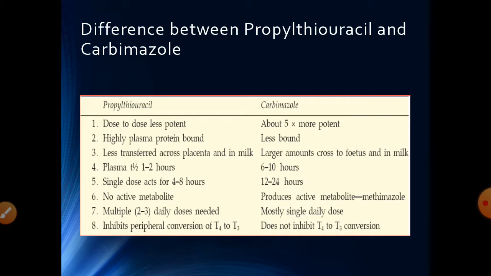Like plasma half-life for propylthiouracil is 1 to 2 hours, while for carbimazole it is 6 to 10 hours. Then propylthiouracil has no active metabolite, while carbimazole is a prodrug. It is converted into the active metabolite, that is methimazole. And propylthiouracil inhibits the peripheral conversion of T4 to T3, while carbimazole is not responsible for any such conversion. So learn this table properly.